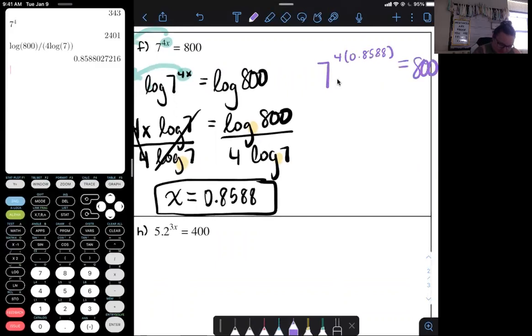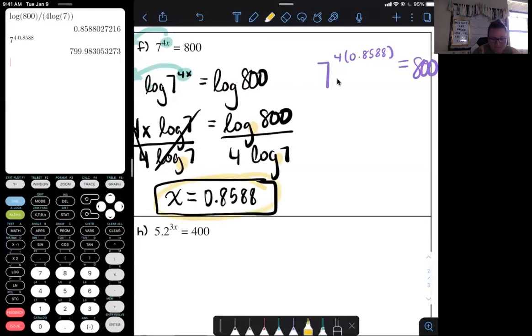So 7 to the 4th times 0.8588 is 799.98, and that would round up to 800. So this decimal, because it's rounded, doesn't give us the perfect answer when we plug it back in, but it gets us close enough that if I round, I do get 800.